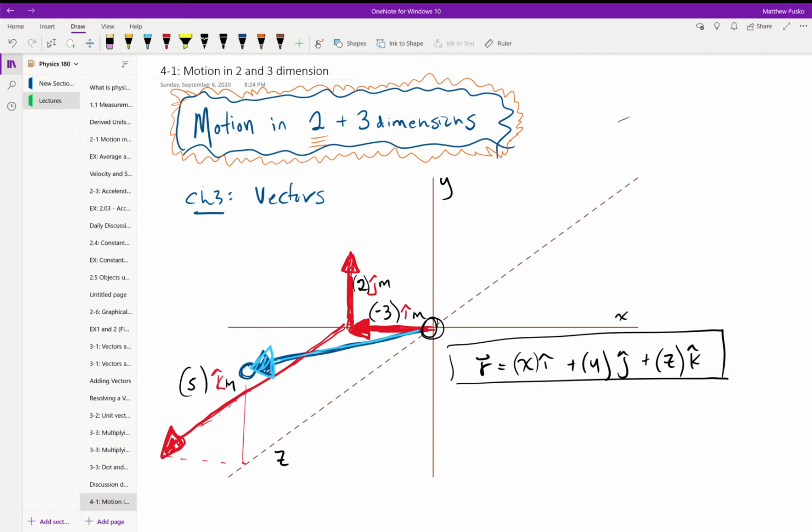Oh, that looks like kilometers. Let's throw the meter inside. So positive 2 meters in the j direction. And a negative 3 meters in the k direction.